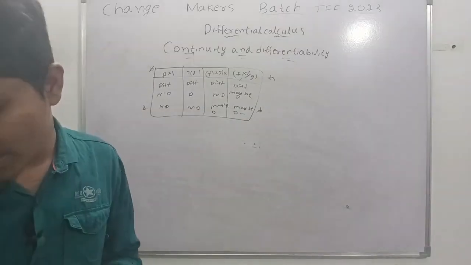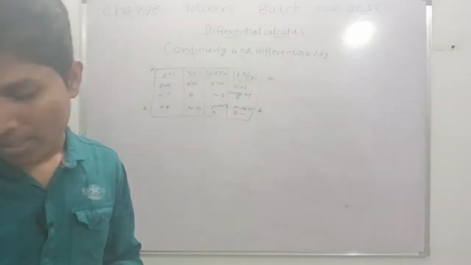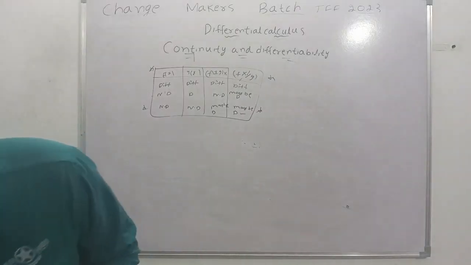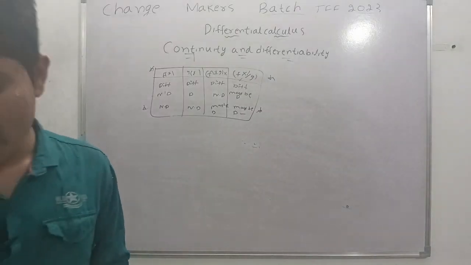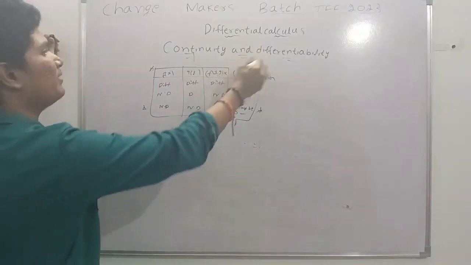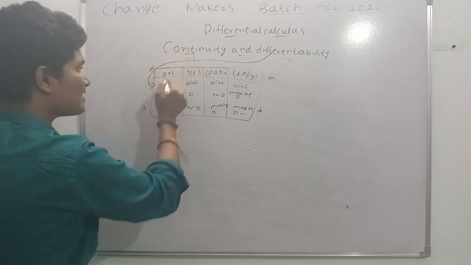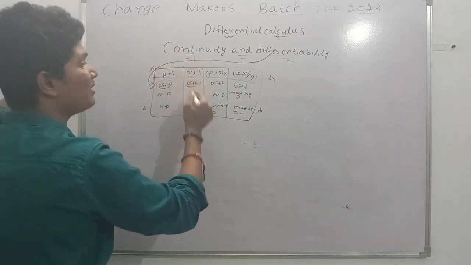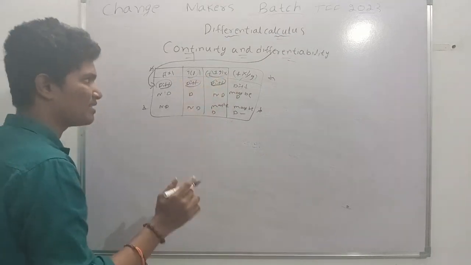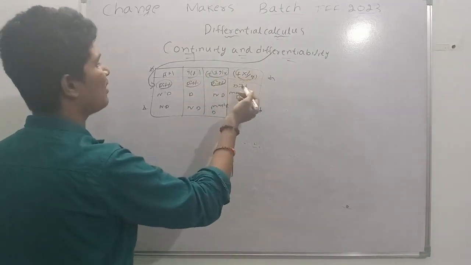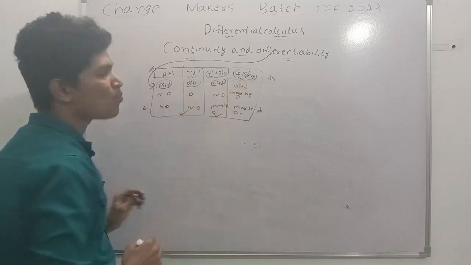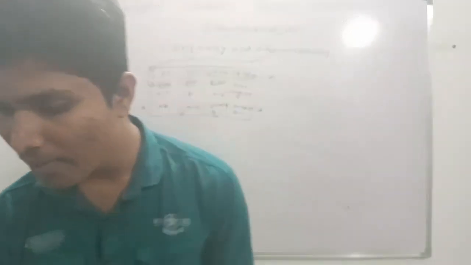If f of x and g of x are differentiable at x equal to a, two functions we are taking, then the differentiability theorems are nothing but these only. If f of x is differentiable and g of x is differentiable, then there will be a differentiable function for the combined equation, that is f plus or minus g of x, and f of x divided by g. So basically these are all the things you have to remember.